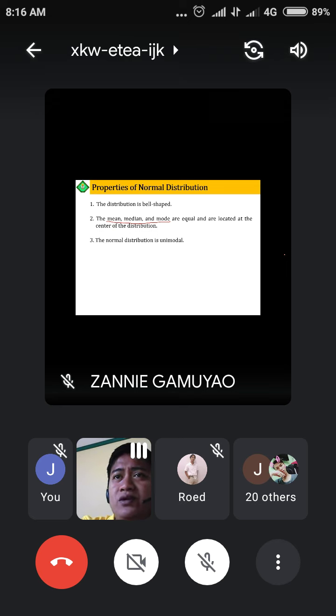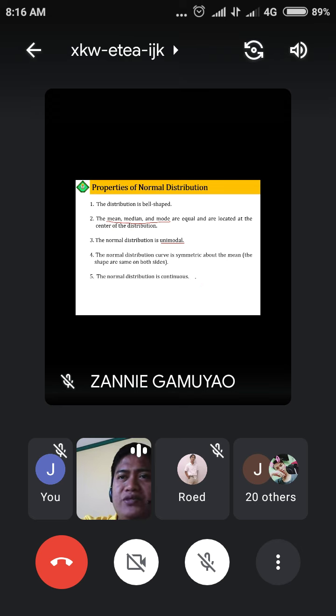So the normal distribution is unimodal. So in other words, there is only one mode. So the normal distribution curve is symmetric about the mean and the shape is the same on both sides. So kaya siya bell shape. So symmetric, in other words, yung sa left side is same with the right side.